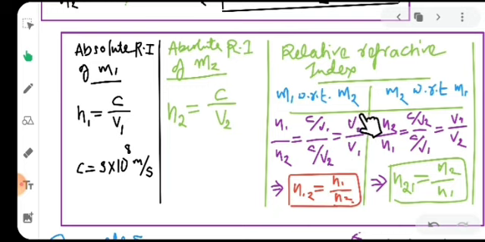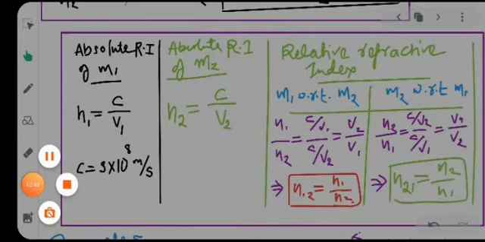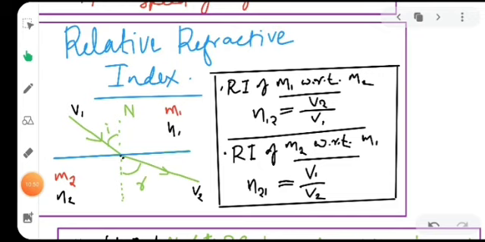These are all simple mathematical steps. What was v2 over v1? V2 over v1, as per our previous definition, was n12.